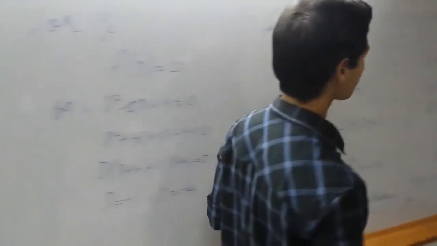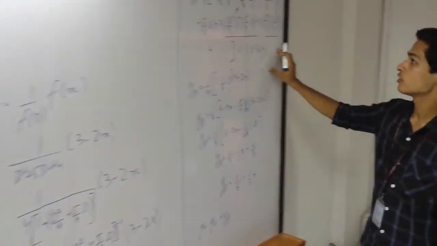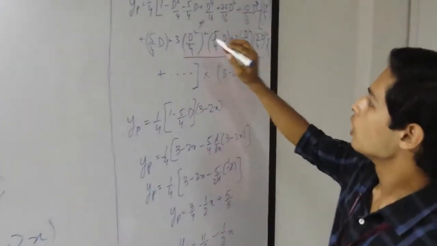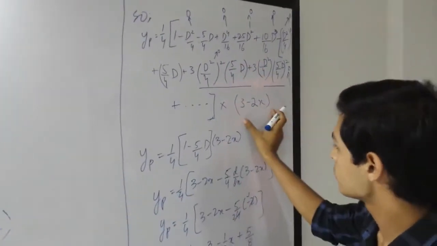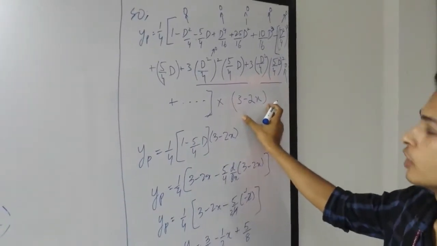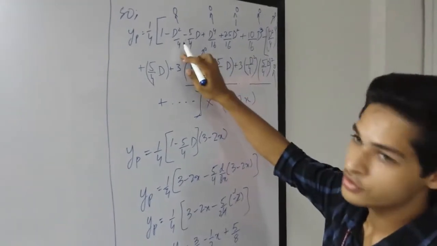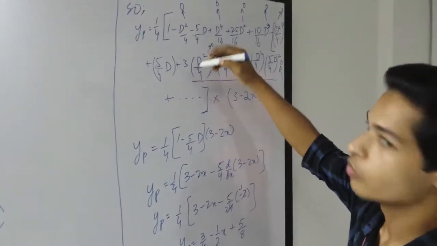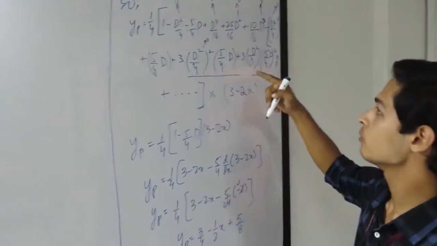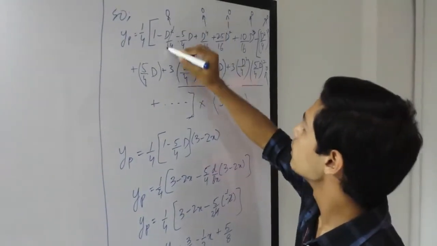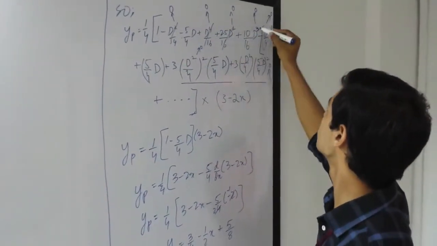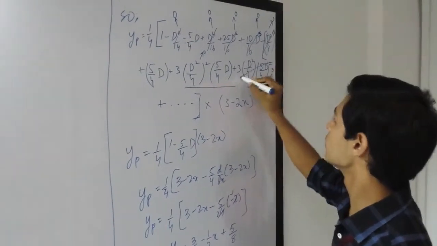So in this example, the algebraic expression is of order 1. So all the differentials of order greater than 1 would become 0.